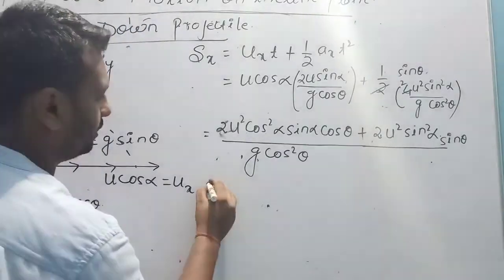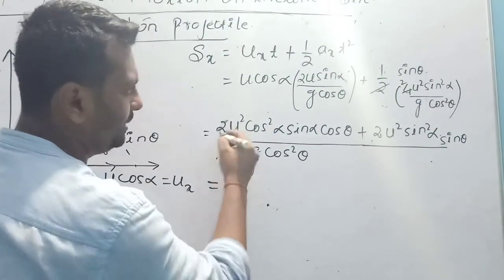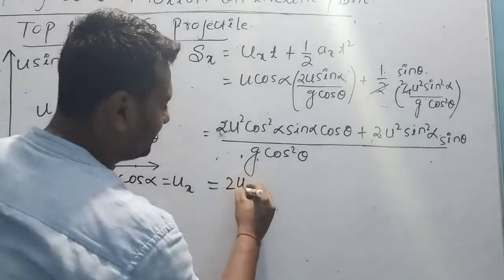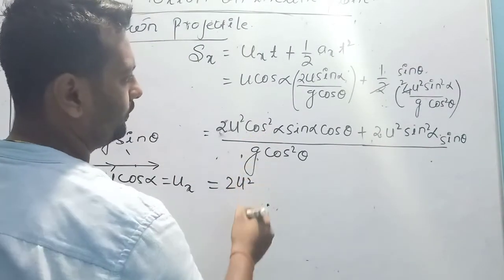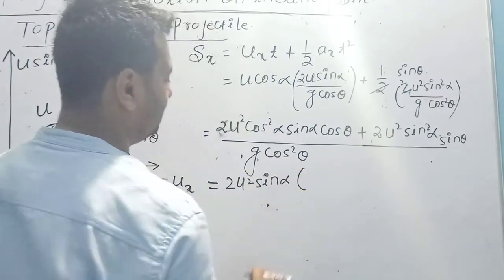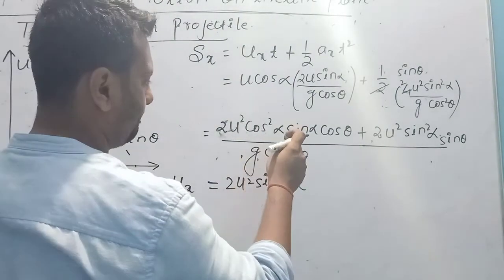So now take common. By taking common, 2 is common, u square is common, sin alpha is common. Inside, what will be left?